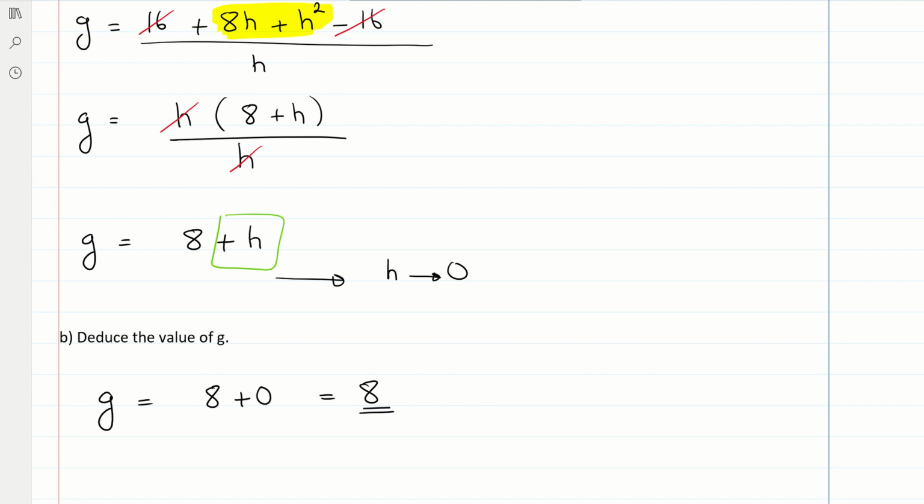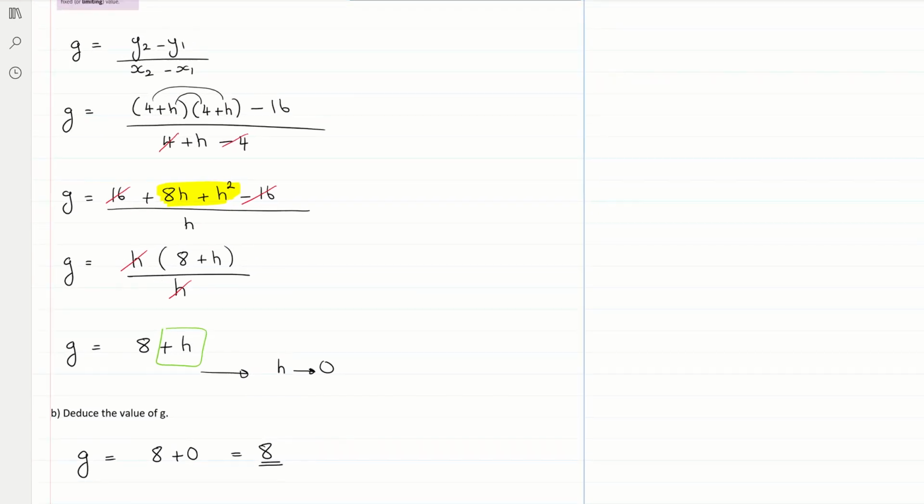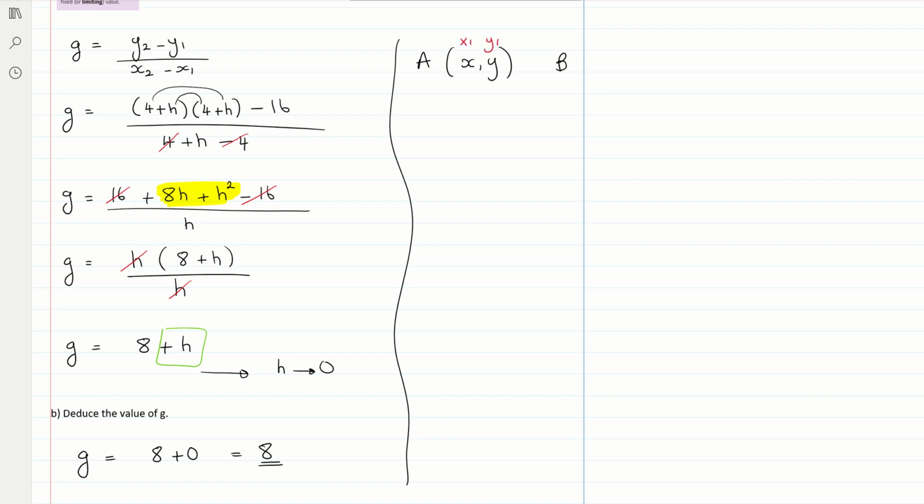Now, the algebraic proof, as I said, this is semi-algebraic. The algebraic proof is basically like this, but it starts with the first coordinate being x, y, so that's x1, y1. The second coordinate being x plus h, and (x plus h) squared for y equals x squared. And you would do exactly the same thing.